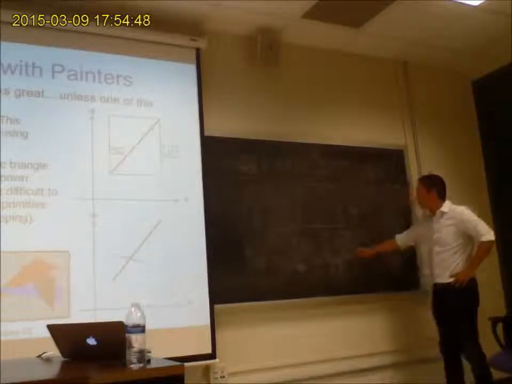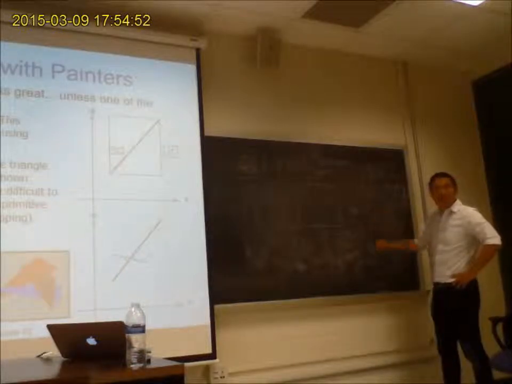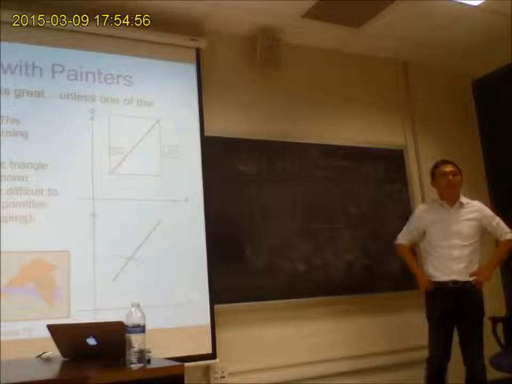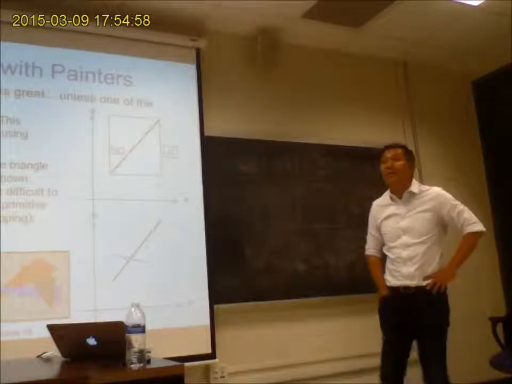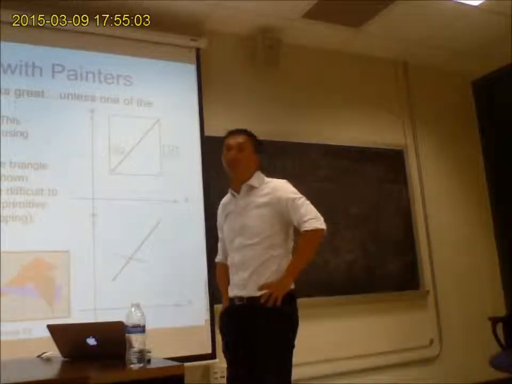This is much, much better than this. The depth buffer, Z buffer, is a much better algorithm for resolving visibility than ray casting. So now you ask me, why didn't we do that in the first place?